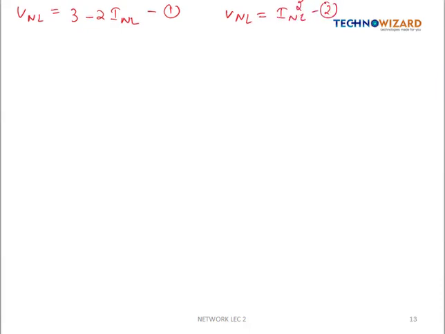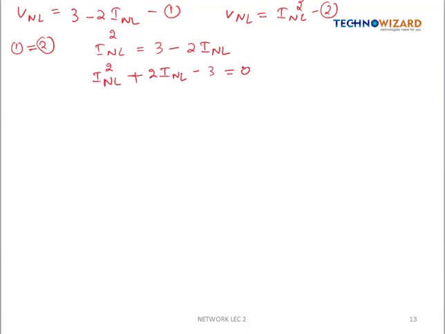So this was 2. So equating both the equations, equation 1 is equal to equation 2, we'll get INL square will be equal to 3 minus 2 INL. So we can simplify it as INL square plus 2 INL minus 3 is equal to 0.